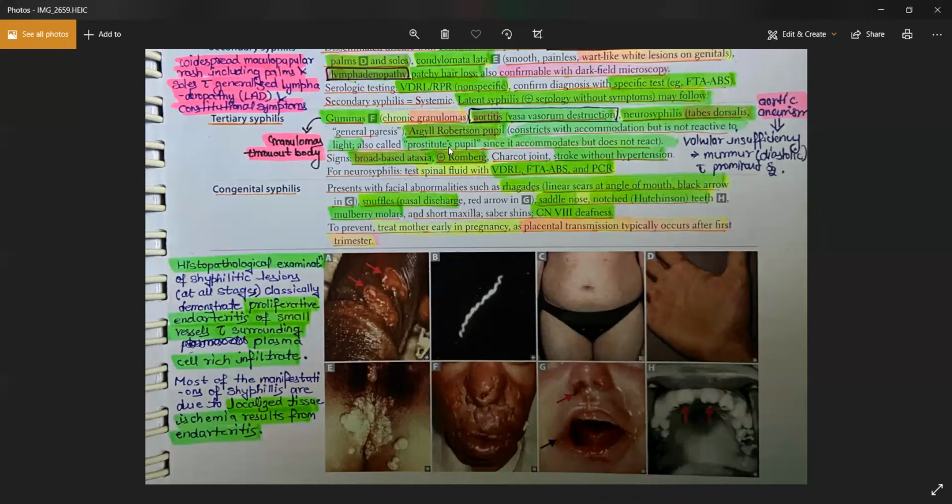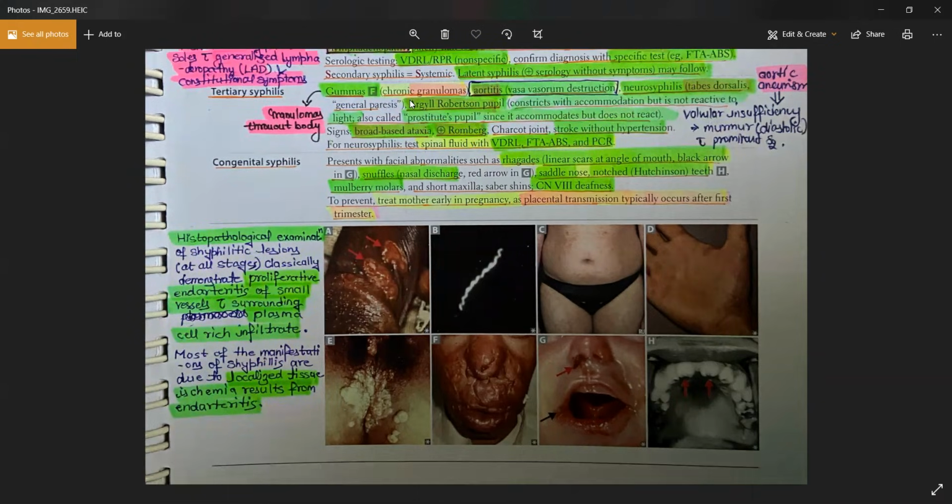You will also get the Argyll-Robertson pupil, which constricts on accommodation but does not react to light. So if you shine the light in the eyes of this patient, the pupil won't contract. But if you take a pen and bring it closer to the eyes, then during the accommodation, the pupil will constrict. Okay, and you will get a broad-based ataxia because of loss of proprioception.